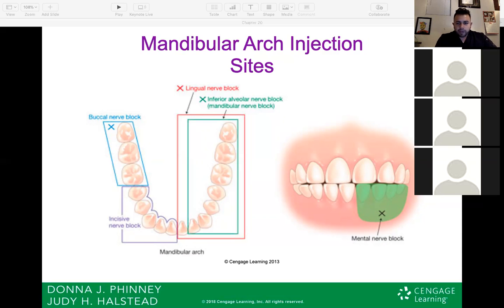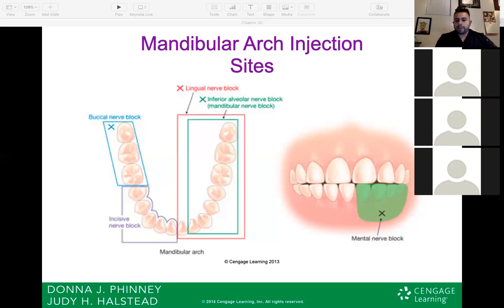If we were talking about numbing the entire quadrant, we want to do something called a lingual nerve block. This is done with the patient opening as big as they can. I know that X is kind of placed right there in the middle. It's more to the right, right where, if they're open as big as they can, their condyle meets their jaw, right in the back.